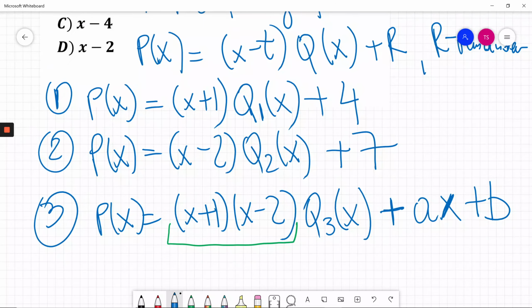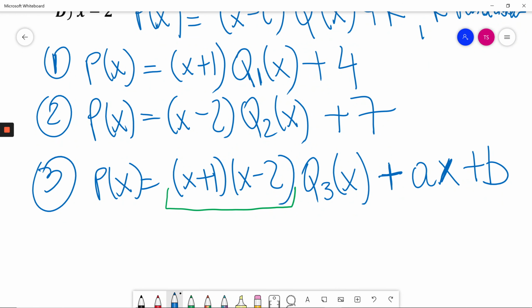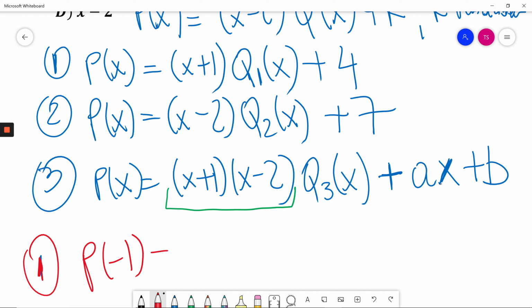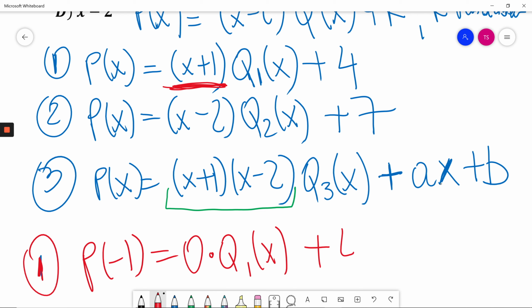Then I know, first thing again, p of negative 1, I can write it slowly. x is negative 1, so that is minus 1 plus 1. This is 0, very slowly. 0 times q1 of x plus 4. 0 times q1 of x is 0 plus 4, so this is equal 4.